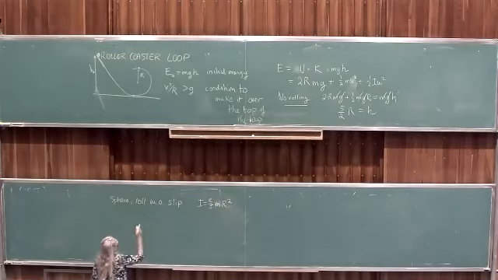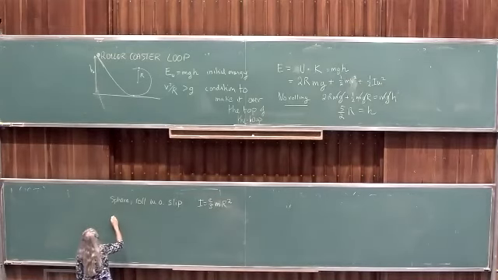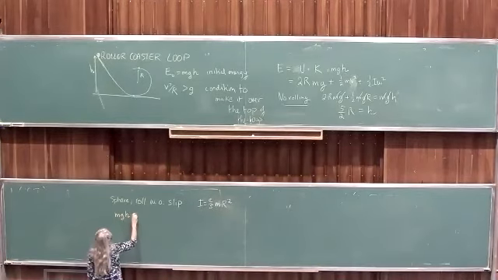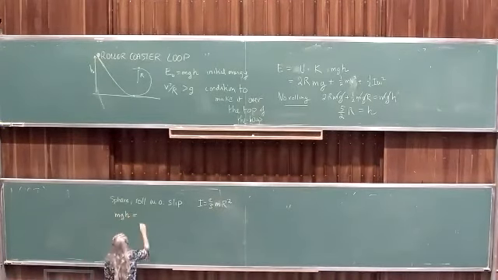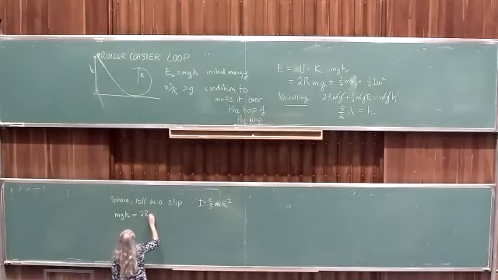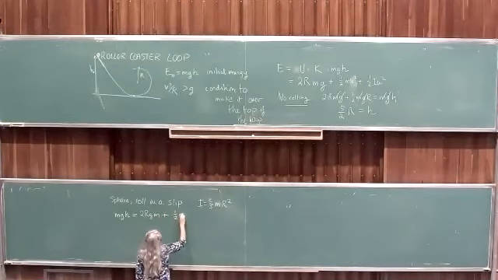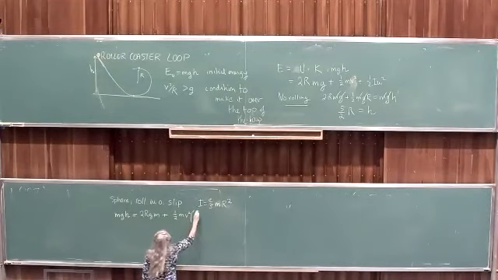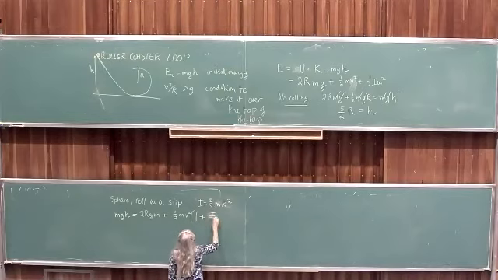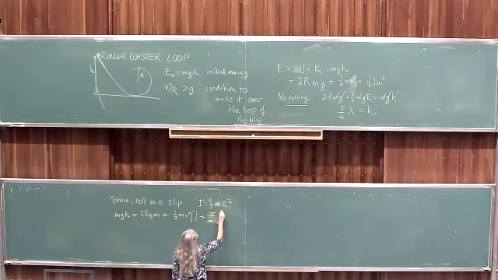So we have the total energy is mgh, and that's going to be 2Rgm, and now we need 1/2 mv squared times 1 plus I over m r squared.